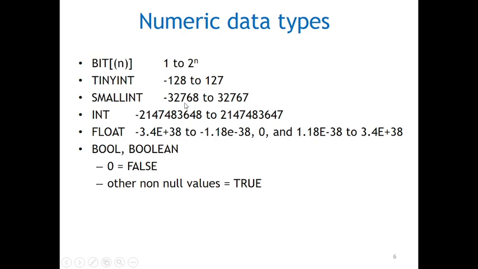Small integers have a range from this number to this. Integers, this is the range. Double, float, all these are data types you have. Boolean: zero, false, true values. So these are some of the data types you can use in MySQL.